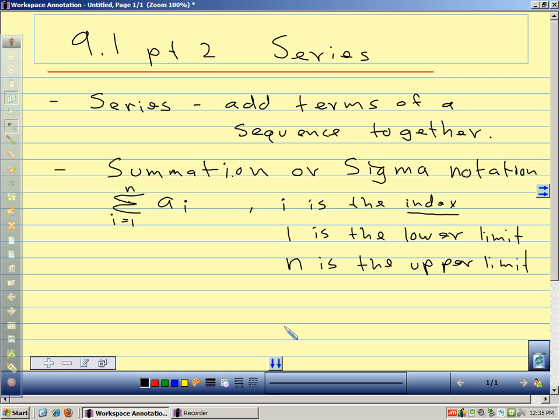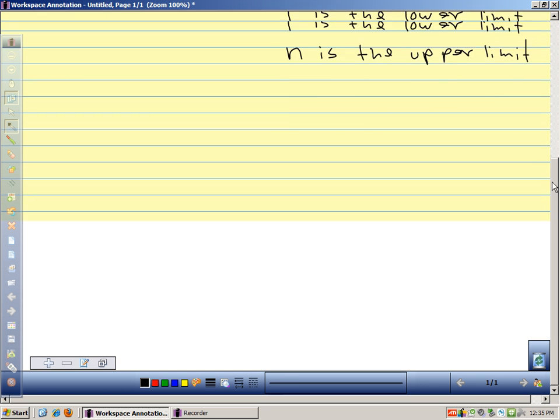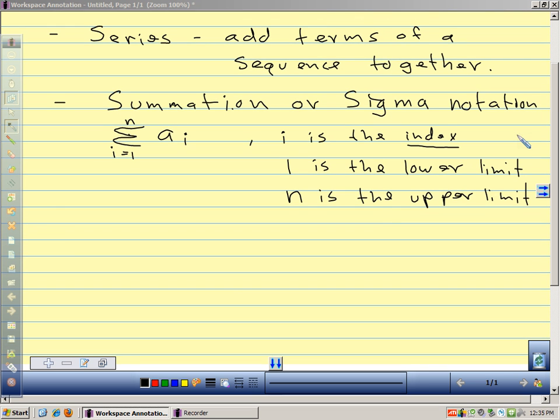I just want to give us some properties of sums that we can use as we're doing our work.